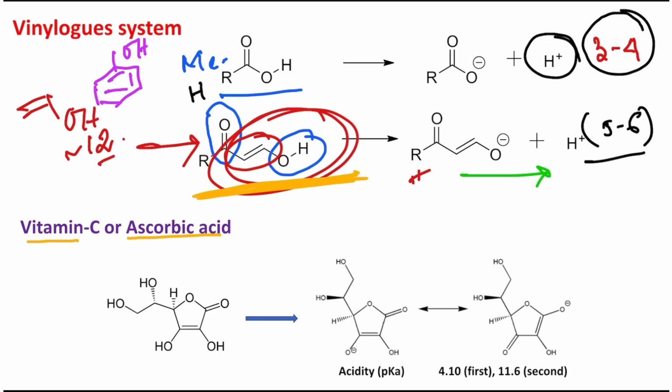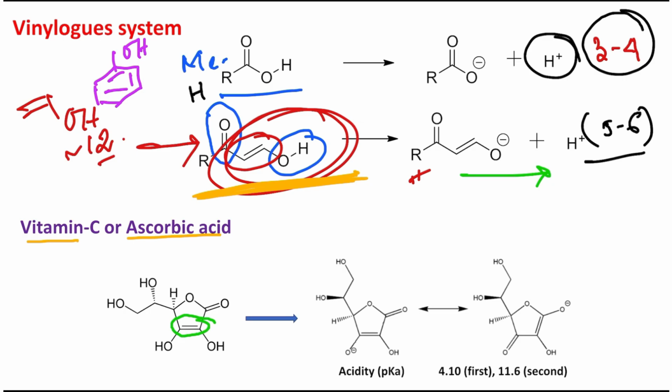So this vitamin C or ascorbic acid is also a vinylogous carboxylic acid. Which part? Just look at this part and compare this with the previous one. This part is the vinylogous carboxylic acid. Why? Because here a carbon-carbon double bond is there. So that's why it is called that.